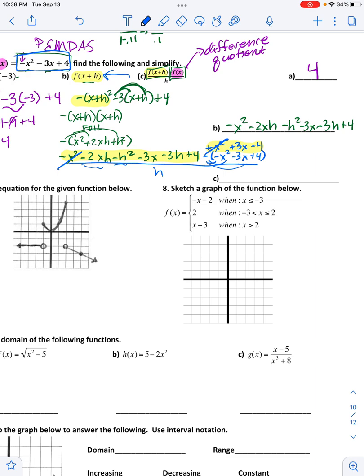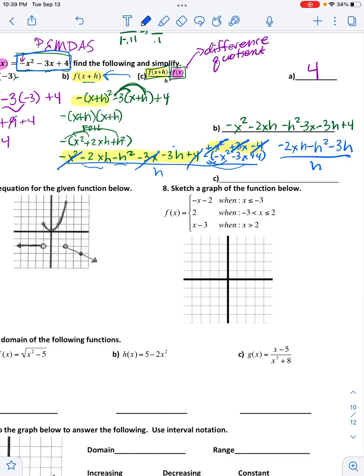This negative 3x is problematic, but it's okay because there's a positive 3x over here that cancels. The negative 3h is okay because it has an h, and then the positive 4 has to cancel with the negative 4. So at that point, I have negative 2xh minus h squared minus 3h all over h.